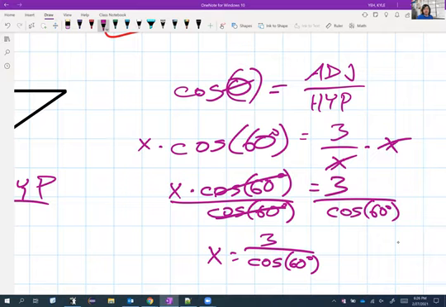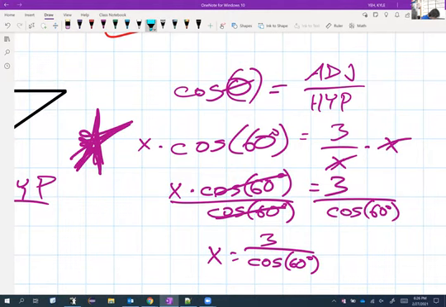Now, before I plug that in my calculator, let's talk about the little switcheroo that happened. Up here in the line that I am starring right now, we had cosine 60 degrees equals 3 over x. Now, if x is on bottom, this is typically how it's going to play out. We multiply the x up to the other side, and we divide the trig function, divide the cosine 60 down.